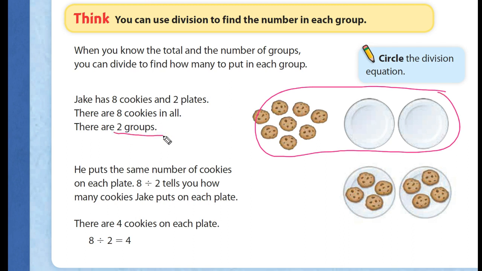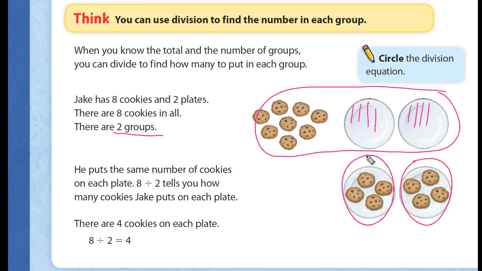He puts the same number of cookies in each plate. So what I like to do is use tallies and put one in each one until I'm done with all my cookies. So 1, 2, 3, 4, 5, 6, 7, 8. I just divided all my cookies into two groups on 2 plates. And how many cookies on each plate? 4. He's got this group and this group.